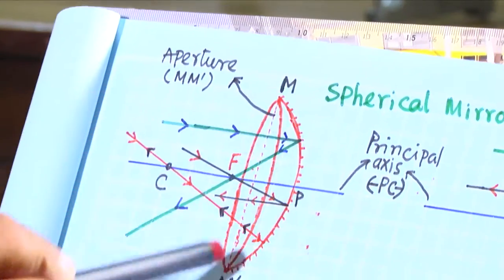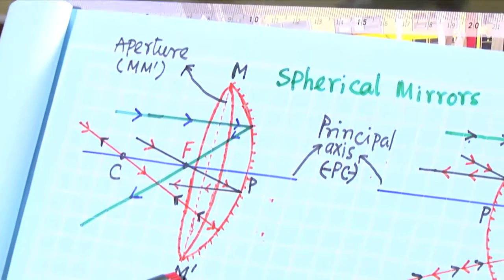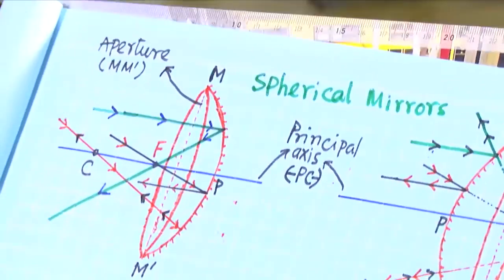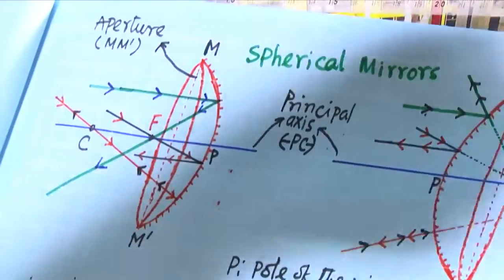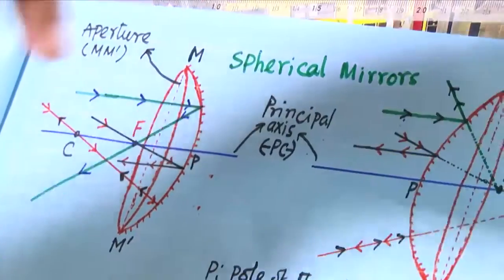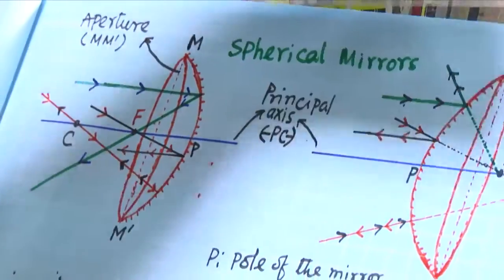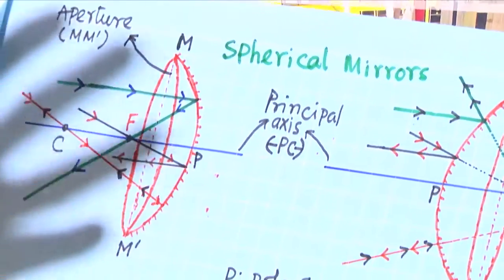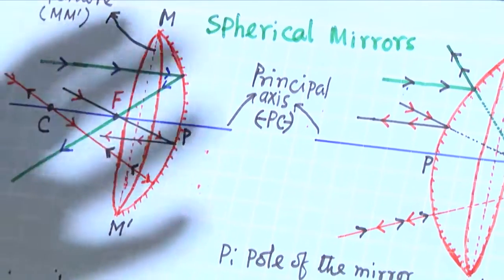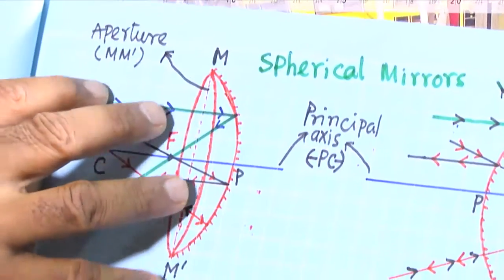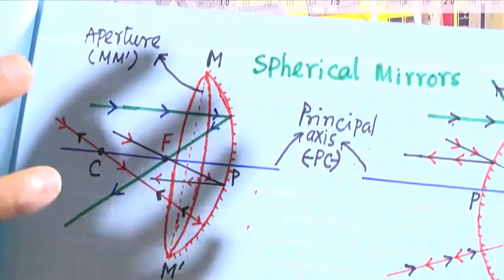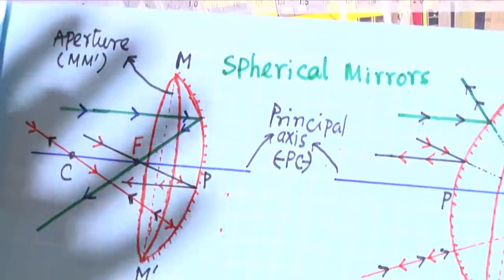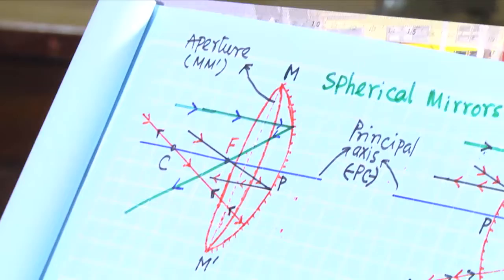So, M dash is the aperture, the diameter of the upper edge of the mirror. The aperture is used in terms of the incident rays. This size tells us what is the space on the mirror for the incident light to enter.